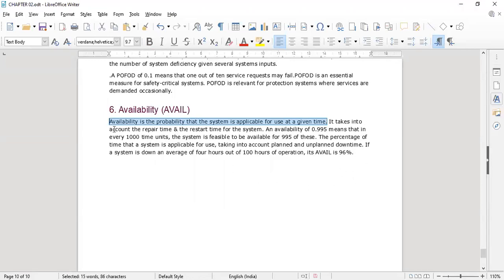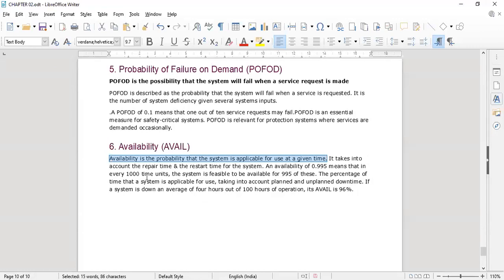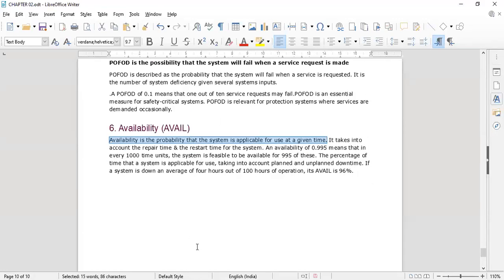It takes into account the repair time and restart time of the system. After a fault occurs, how long it takes to be repaired and given back to service. This is called availability.